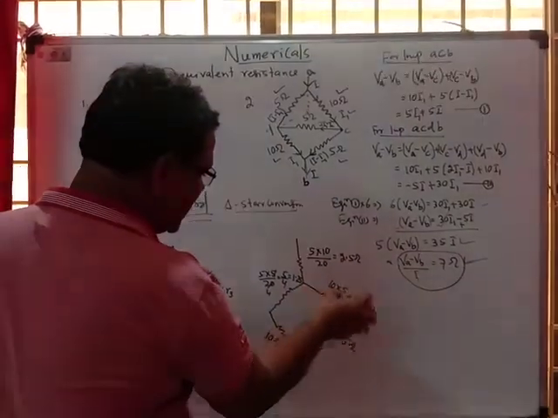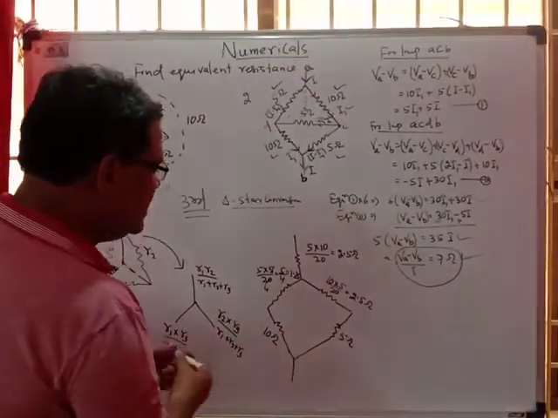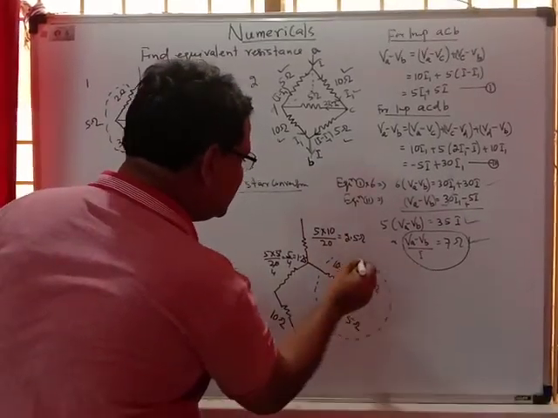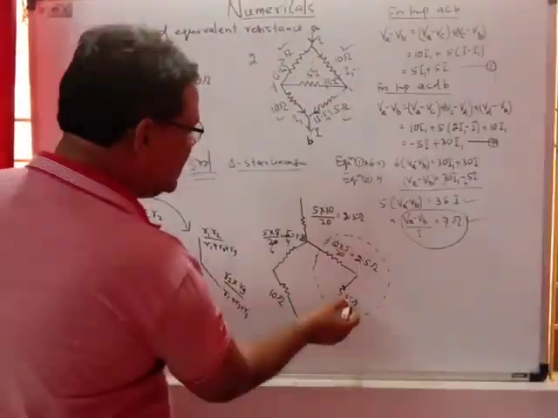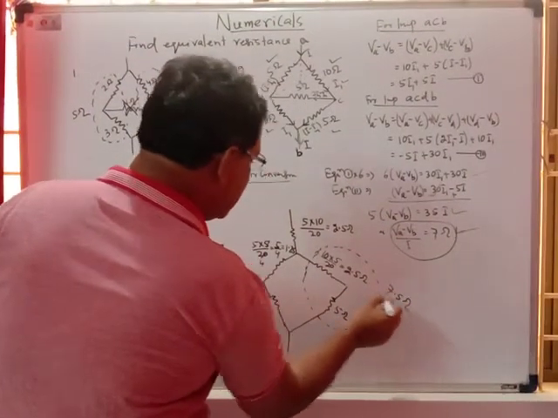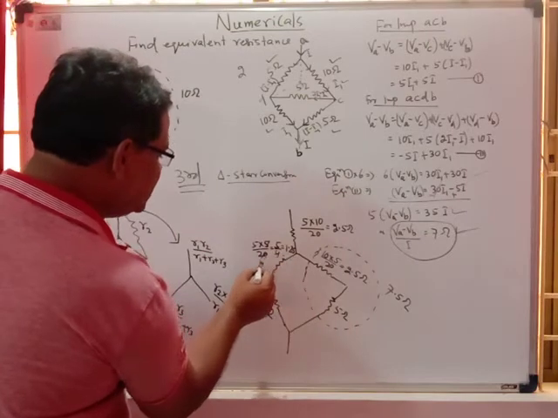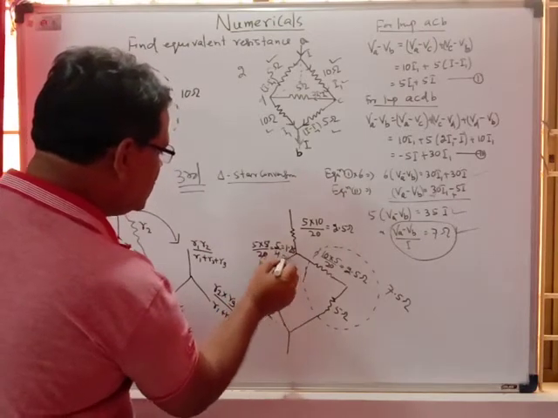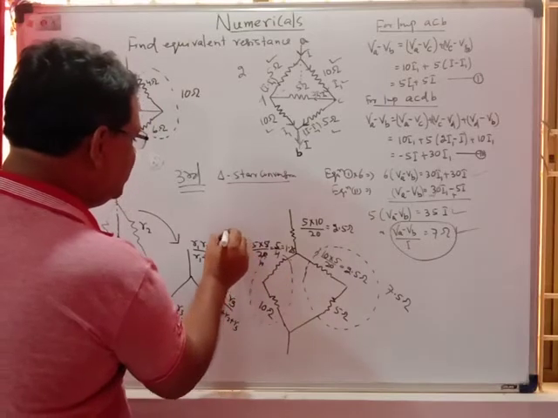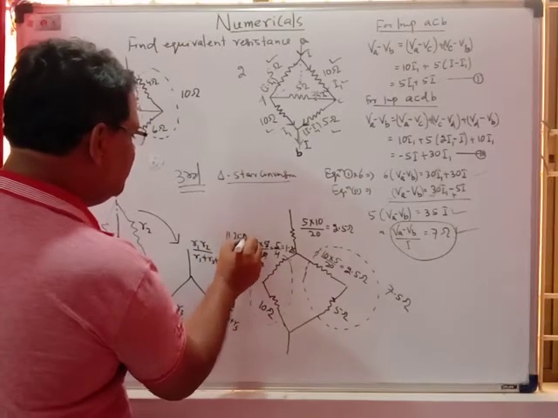Now what are we finding? This part and this part are in series. If you make it series, 5 plus 2.5 is equal to 7.5 ohm. And this part and this part are in series, so 10 plus 1.25 is equal to 11.25 ohm.